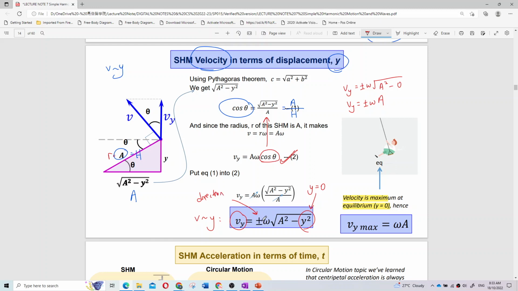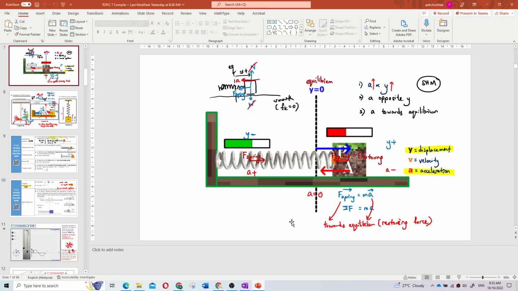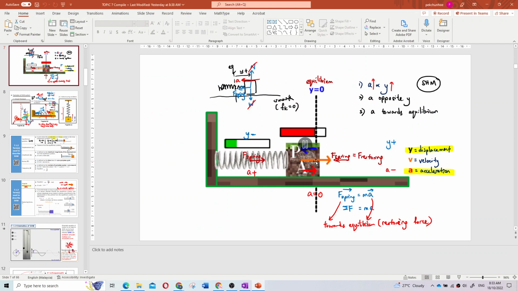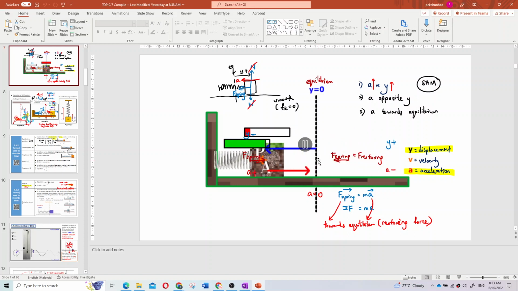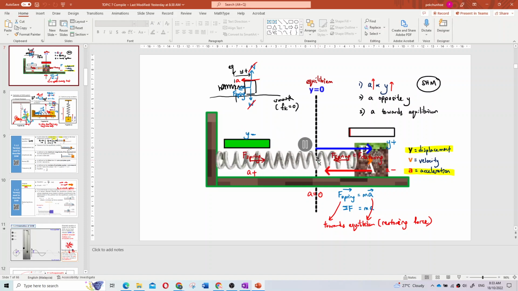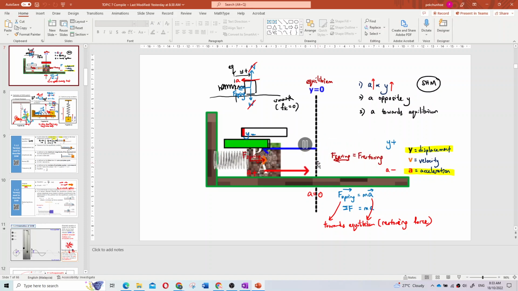The object can be moving to the left or to the right. If moving to the right is positive, if moving to the left is negative. You see the block? You see the orange line? It can be to the left, to the right, to the left, to the right. So there is positive or negative.